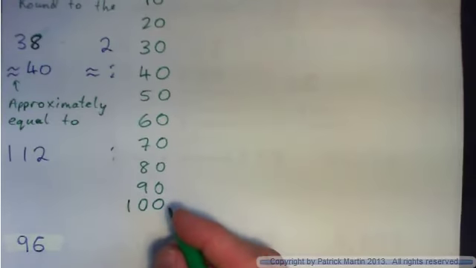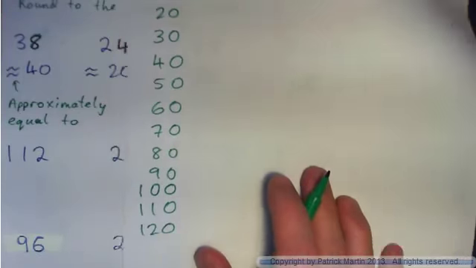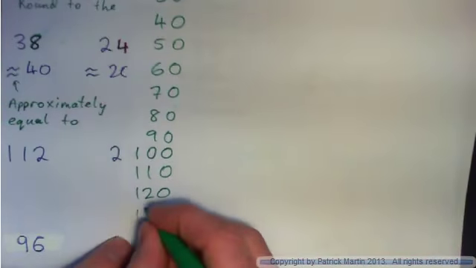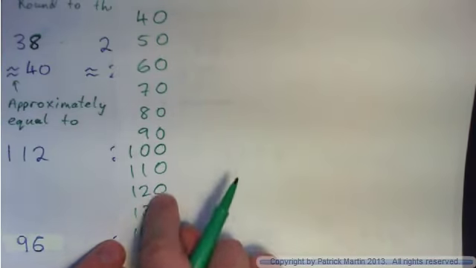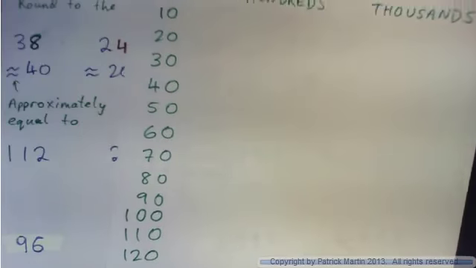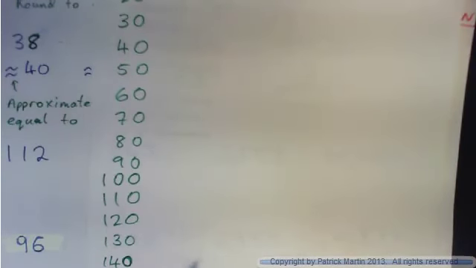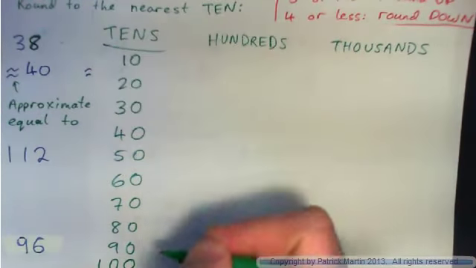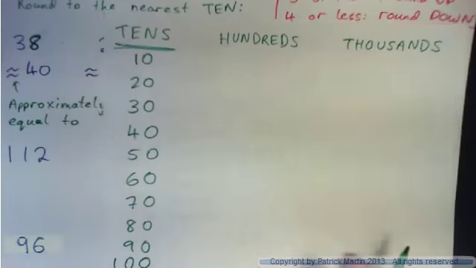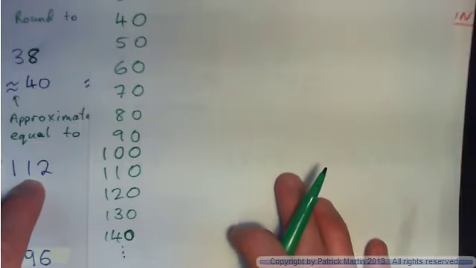And the next 10 number is 11 tens, or 110. And then we've got 12 tens, 120. 13 tens is 130. 14 tens is 140, and so this sequence does in fact continue. So the point is, any number that has a 0 in the unit spot is in fact a 10. It's a 10 number. It's one of the 10s. Okay. So what is 112 closest to?